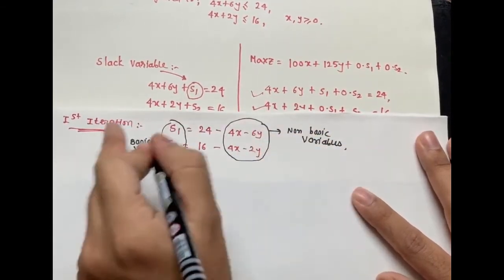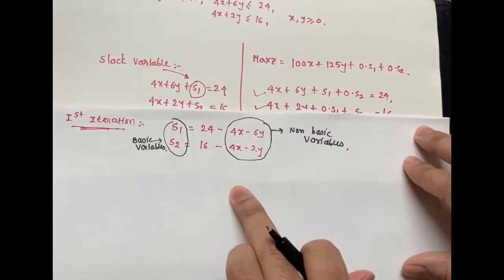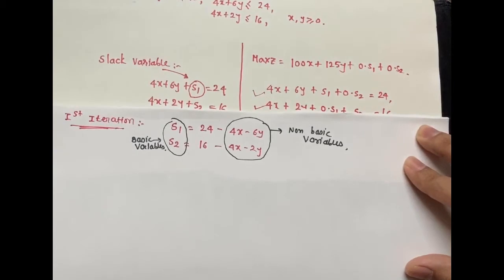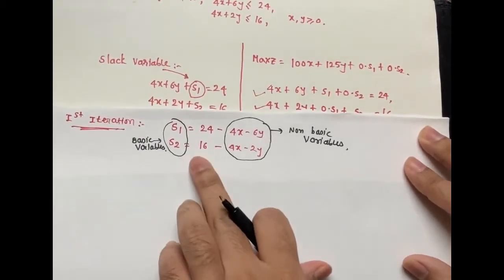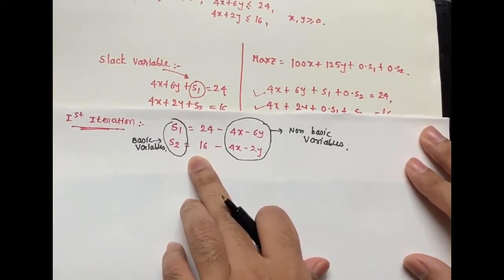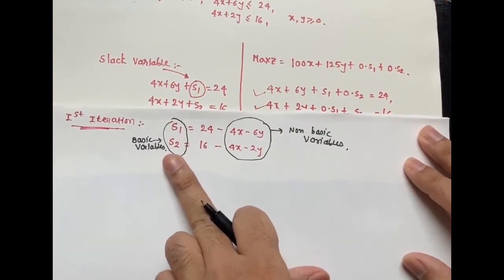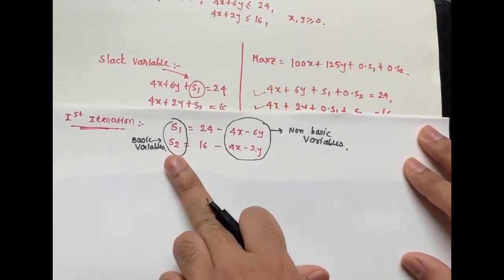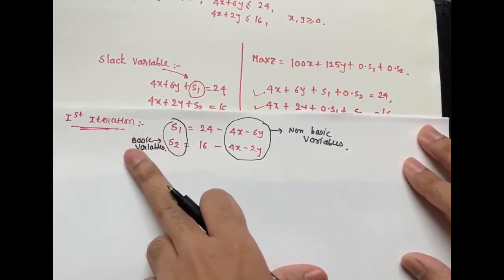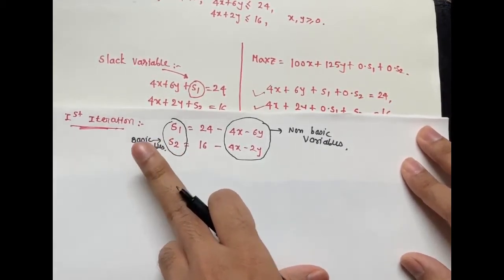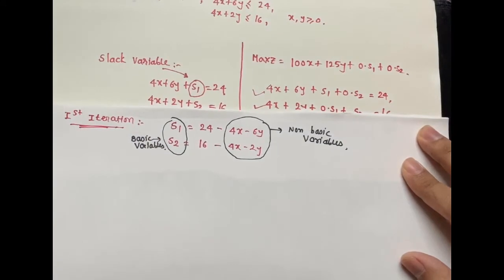In this iterative process, the variables that I have on the left hand side of the equation are referred to as my basic variables, and the variables that I have on the right hand side are my non-basic variables.